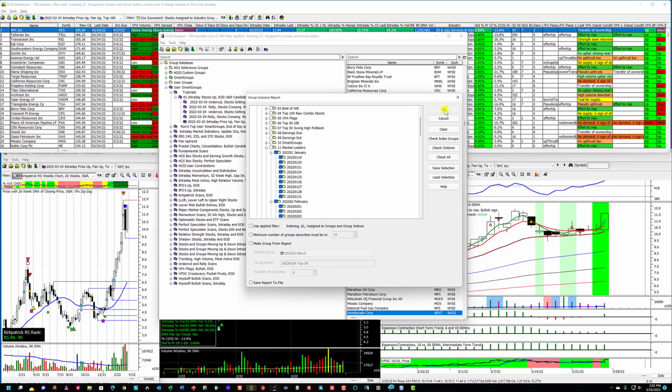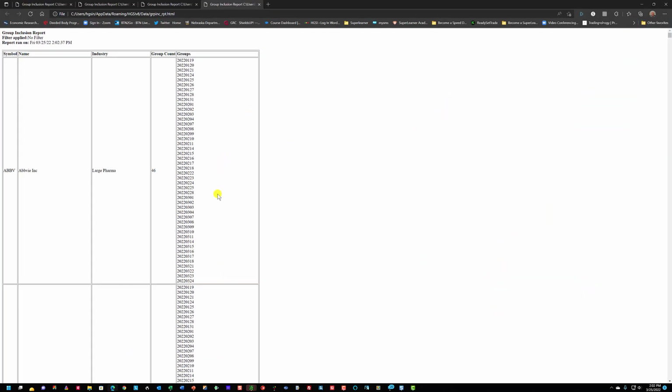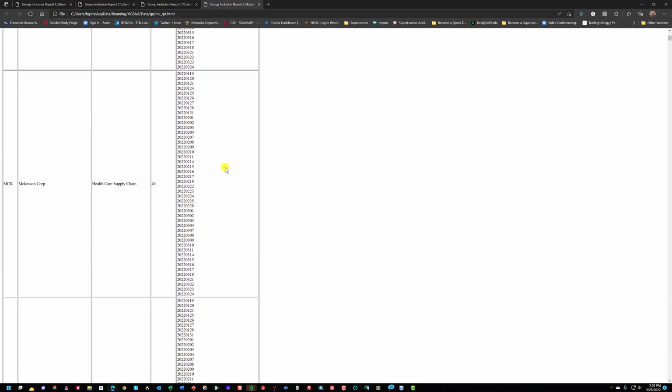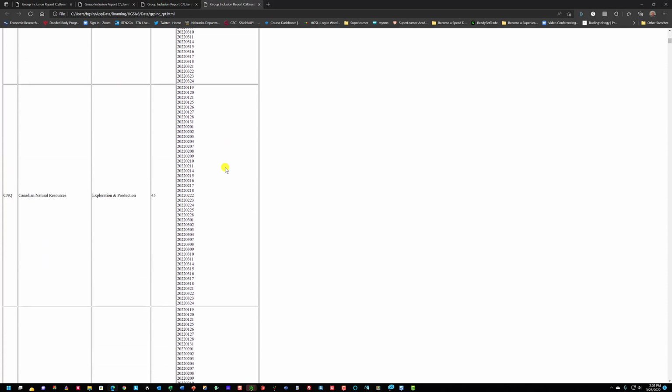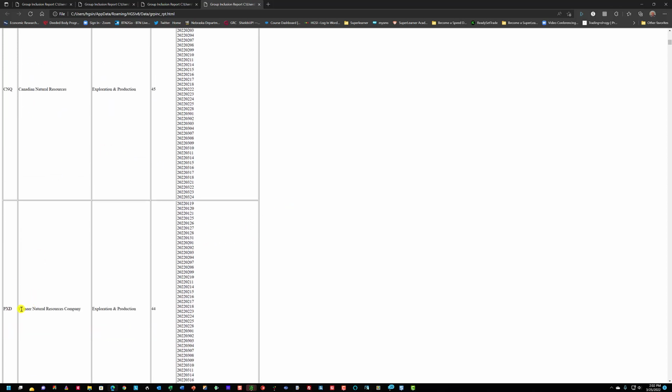and let's just see which of the stocks, or a couple of the stocks that are coming up today, when they first started appearing. Now to find the ones that are coming up today, I'm scrolling down here, and here's one right here. Remember, I selected today's smart group, and that would be PXD. The first date that I have here is January 19th.